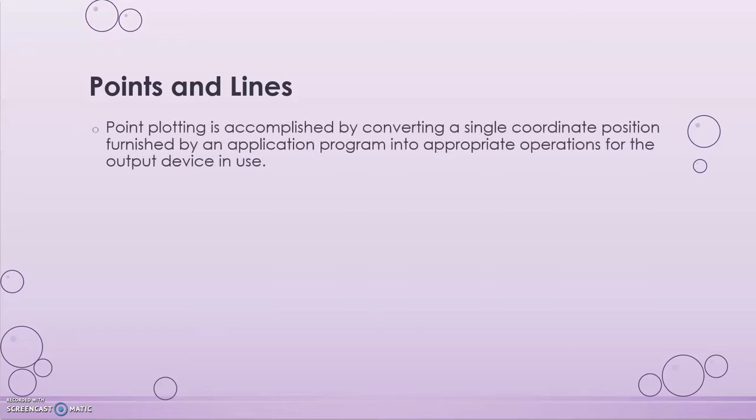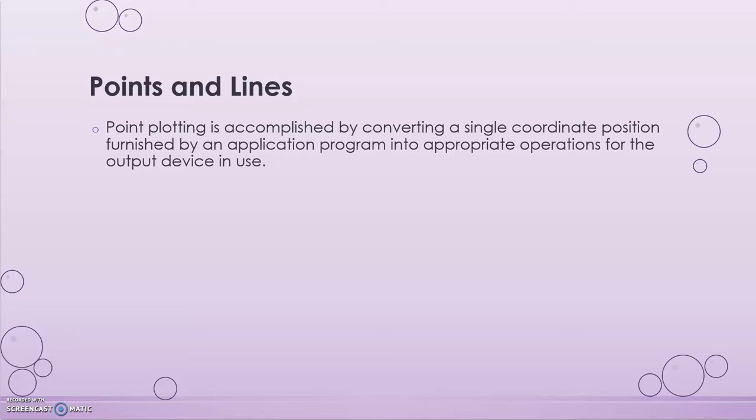Point plotting is accomplished by converting a single coordinate position furnished by an application program into appropriate operations for the output device in use. With a CRT monitor, the electron beam is turned on to illuminate the screen phosphor at the selected location.